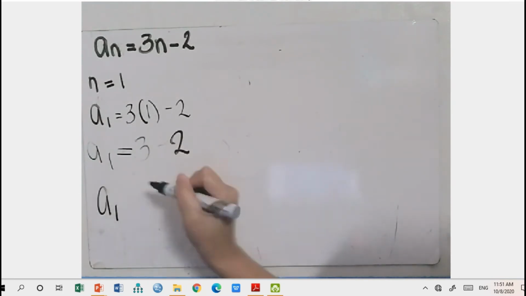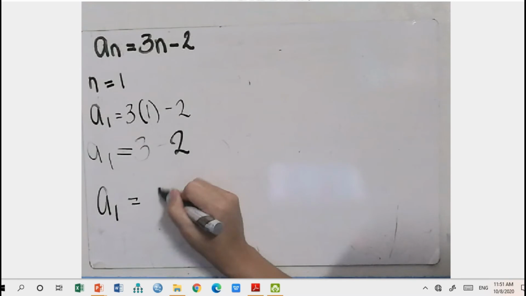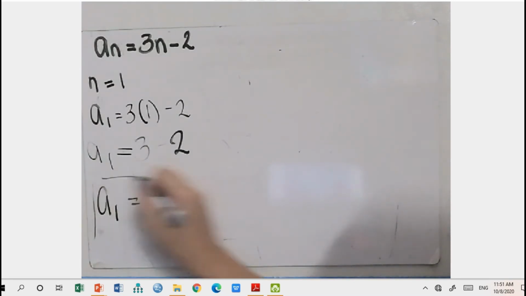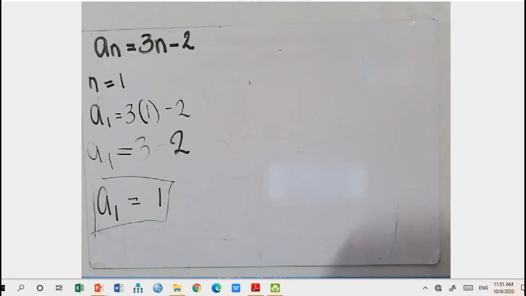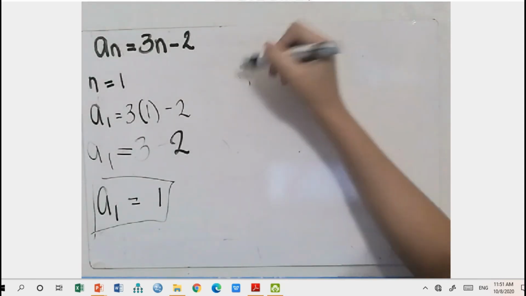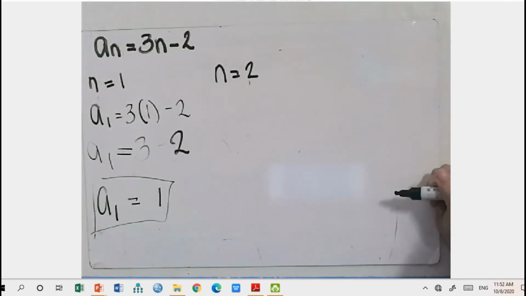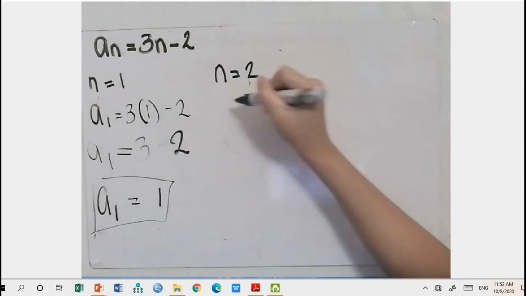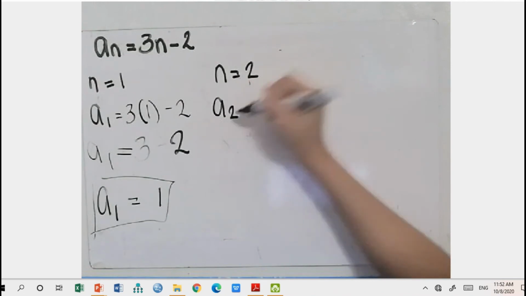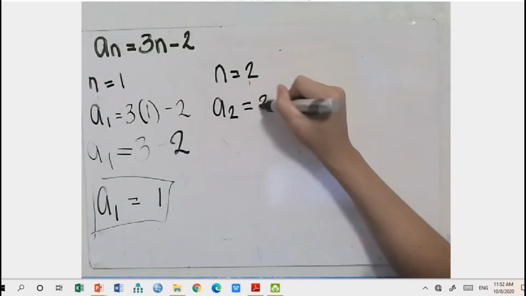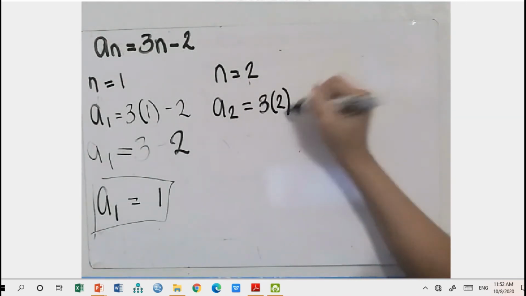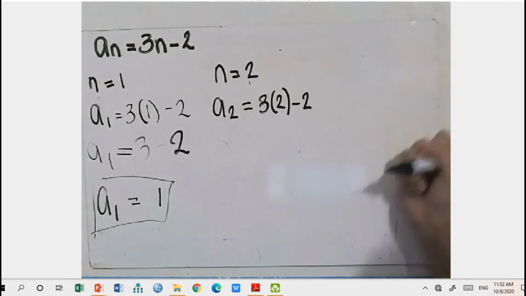So a sub 1 equals 1. So our first term now is equal to 1. Now let us have the second term. n is equal to 2. So we have here a sub 2 is equal to 3 times 2 minus 2.